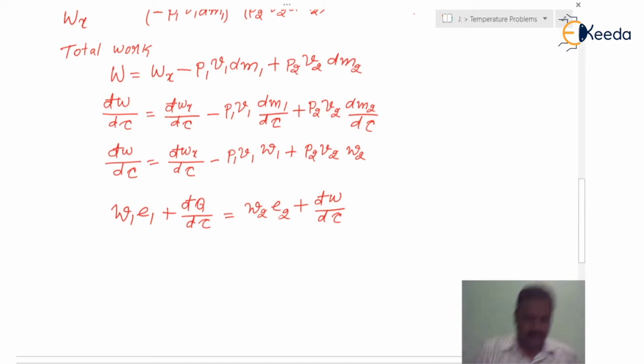Then let us substitute for this dW divided by d tau from the previous expression.